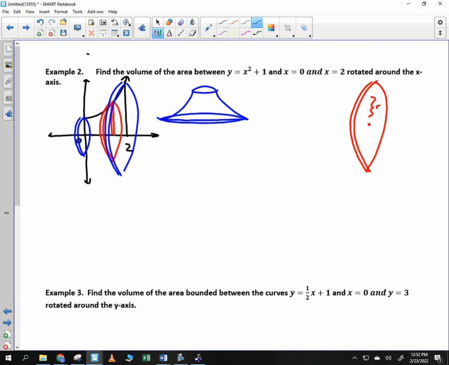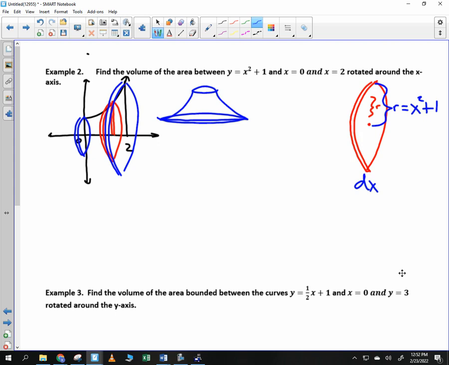Pizza Hut. Let's go. All right. What's the width? Dx or dy? Dx. And then we have pi r squared. What is going to determine our radius? Our radius is equal to what? Yep, the distance from the x-axis to the function is x squared plus 1.